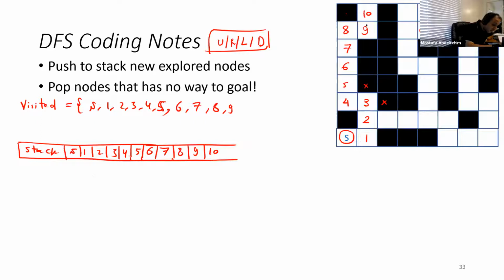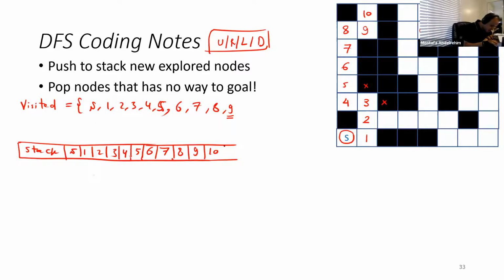No. Can we go down? No, because 9 is visited. So now for sure we cannot reach the goal from node 10. So it's a useless node. We need to pop this node out of the stack. We don't need it anymore because it will not lead us to the solution.